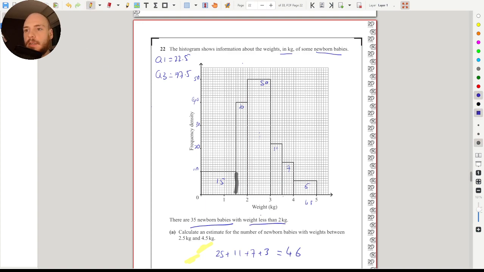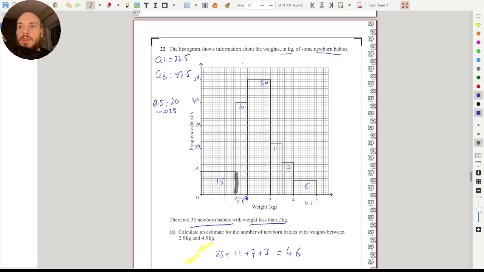So what we can do is, we know that the width of this is 0.5. We know we have 20 values in it. So again, what I would do is 0.5 divided by 20, and that gives us the value of each block. So 0.5 divided by 20 is 0.025.